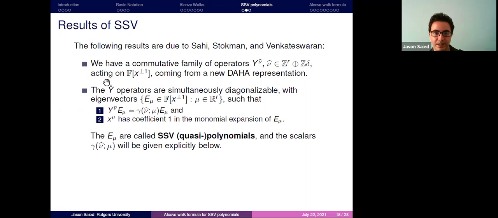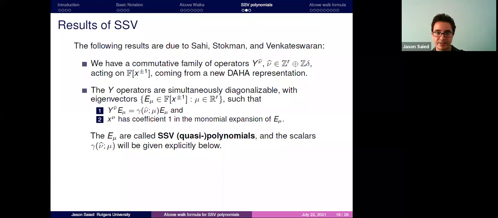What they showed is that the Y operators are simultaneously diagonalizable with eigenvectors that we'll call E mu for every real tuple mu, with specified eigenvalues, gamma, that I'll give explicitly later because they'll show up in the Alcove walk formula. And further, as a normalization condition, we assume that x mu has coefficient 1 in the monomial expansion of E mu.